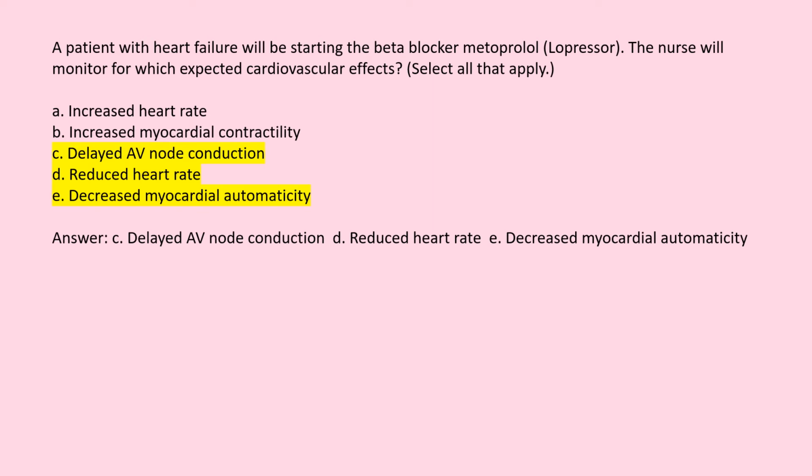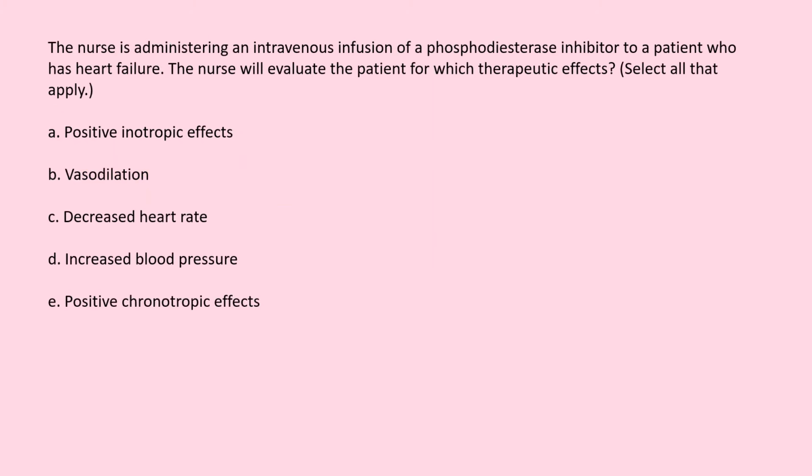Decreased myocardial automaticity. The nurse is administering an intravenous infusion of a phosphodiesterase inhibitor to a patient who has heart failure. The nurse will evaluate the patient for which therapeutic effects. Select all that apply. A. Positive inotropic effects. B. Vasodilation. C. Decreased heart rate.